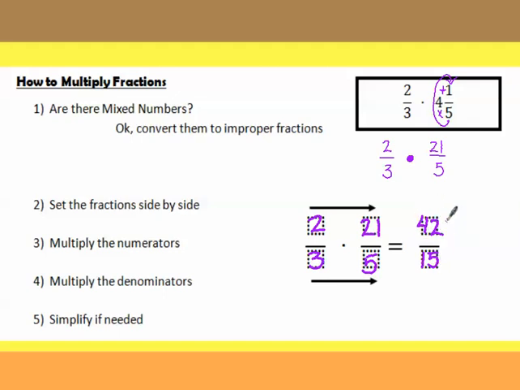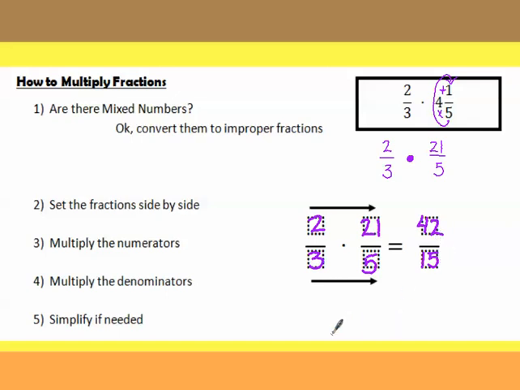Because we have this numerator that is larger than our denominator, we need to use our skills from the day before, and we need to convert this back into a mixed number. So we are going to use our calculator or use our brain. You can do 42 divided by 15, or you can think how many times does 15 go into 42 without going over.